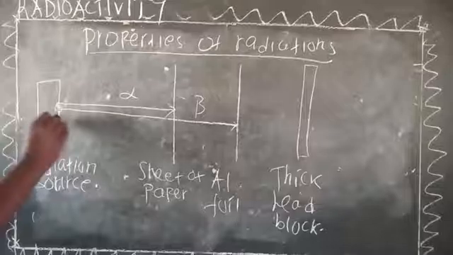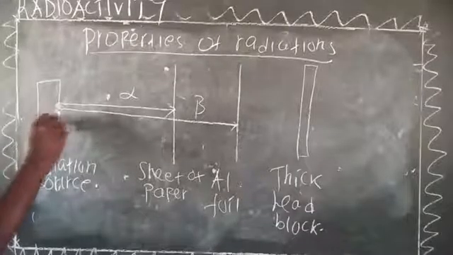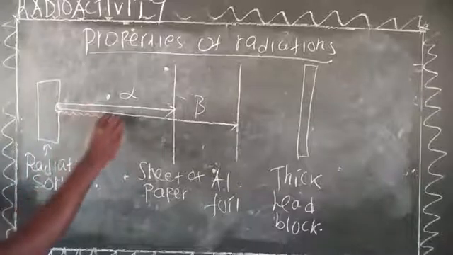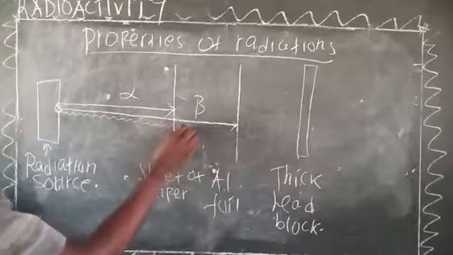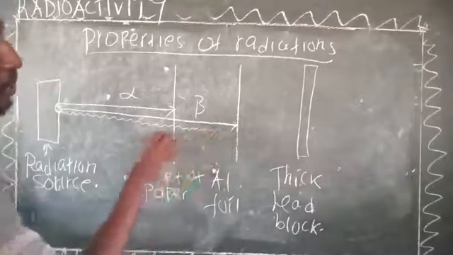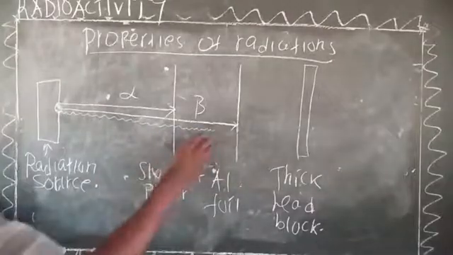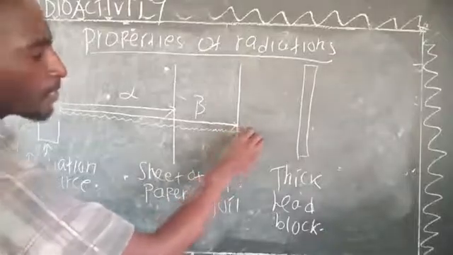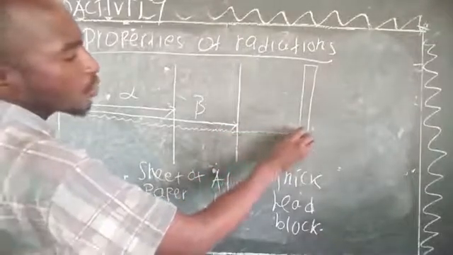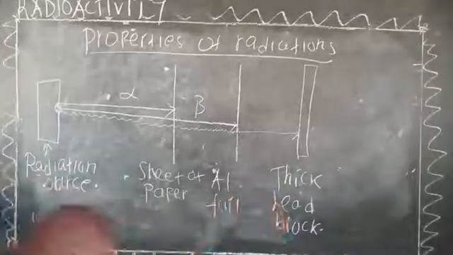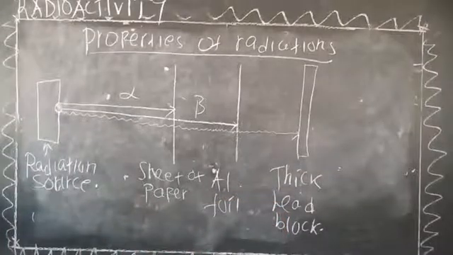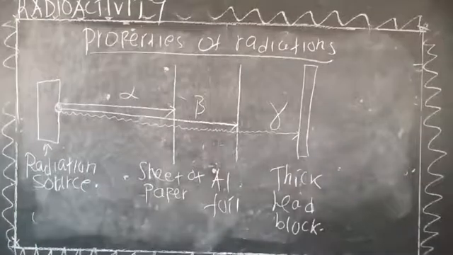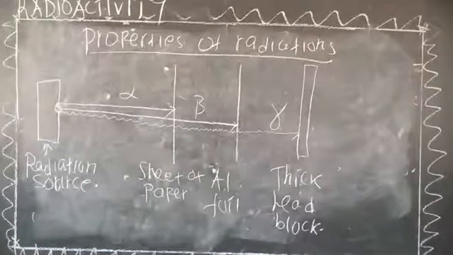When we get to the third type of radiation, that is the gamma radiation, the gamma radiations have the highest penetrating power. They penetrate through a sheet of paper. They cannot be stopped by aluminum foil, but are stopped by thick lead blocks, and these are the gamma rays.